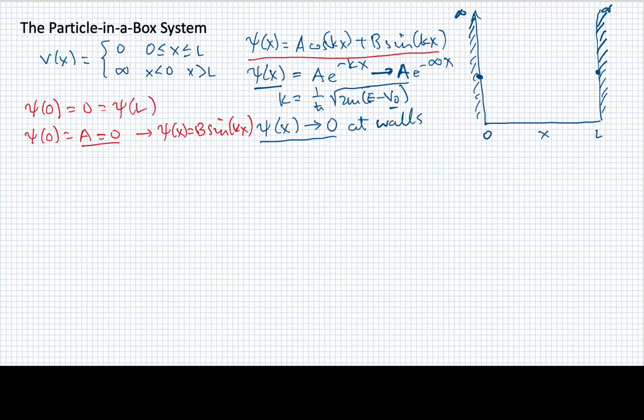When x is equal to L, then I will have b sine of kL as my wave function.